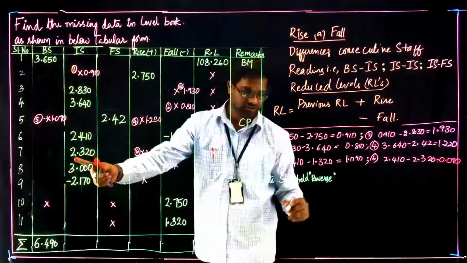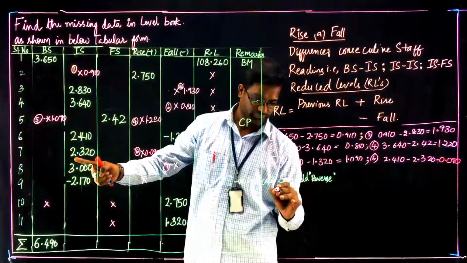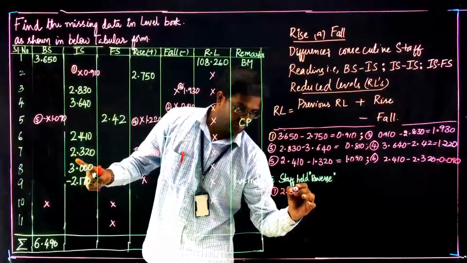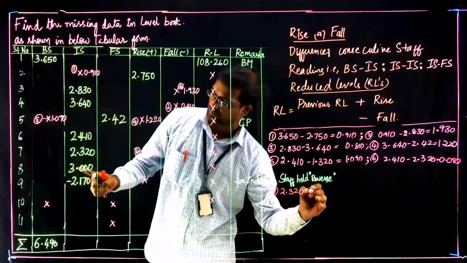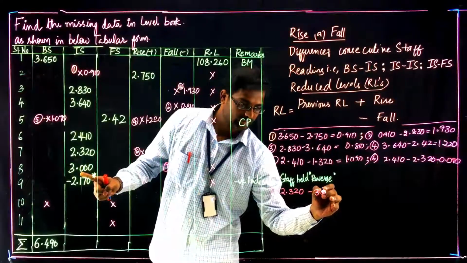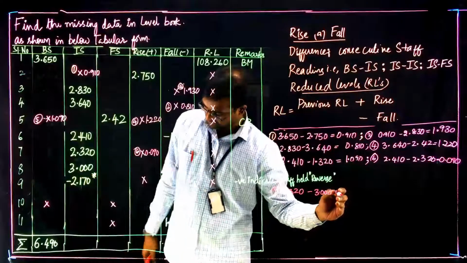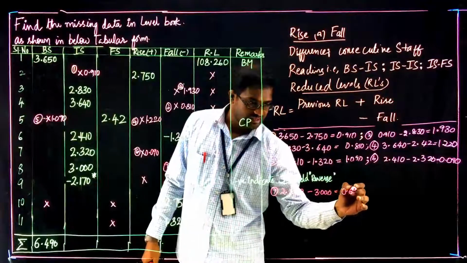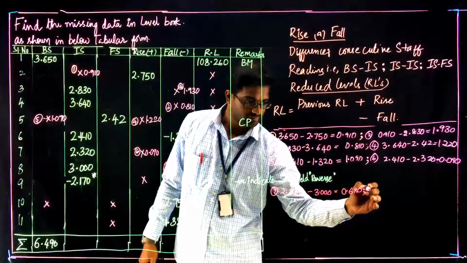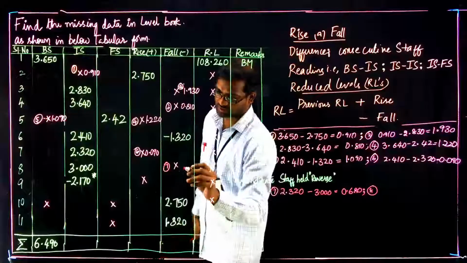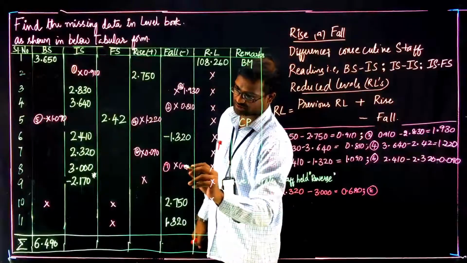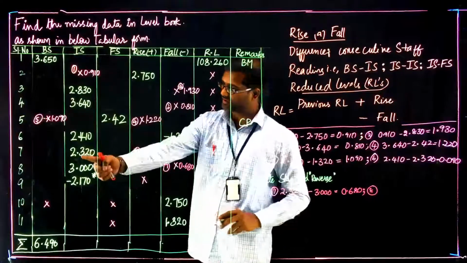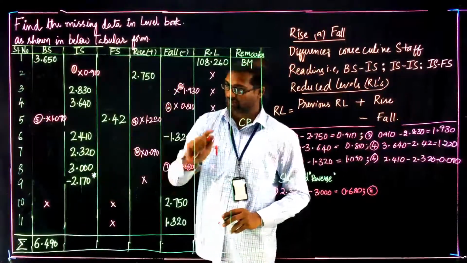The seventh value is given by 2.320 minus 3.000, which gives a value of 0.680. This minus this is negative, so that is why it is positive.